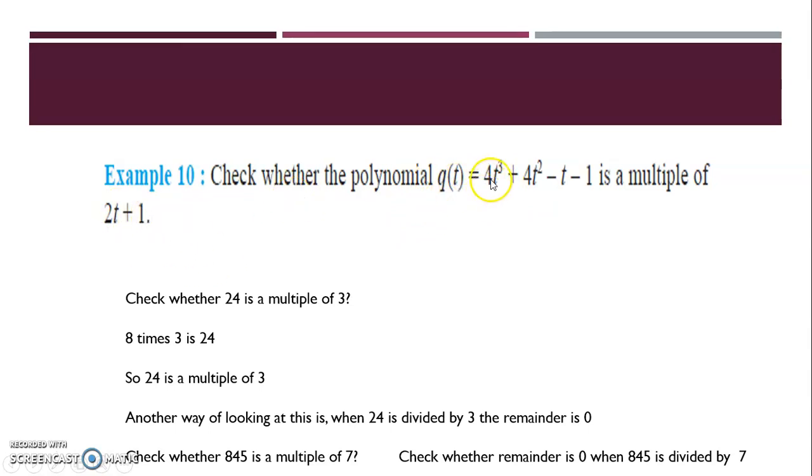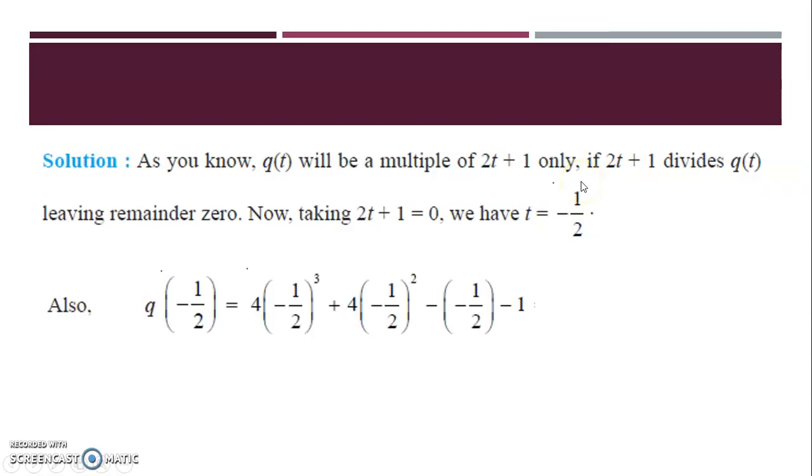So we'll have 4 into minus 1 by 2 cube plus 4 into minus 1 by 2 square minus minus 1 by 2 minus 1.